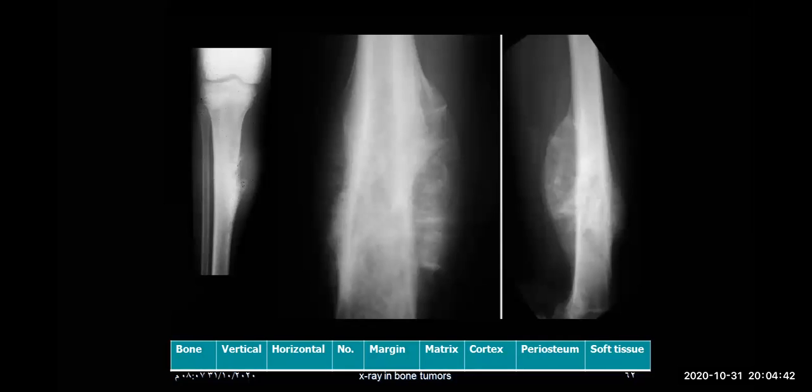Now to sum up, we should read the X-ray. First, the bone, whether tibia or femur, along the longitudinal axis: is it diaphyseal, metaphyseal, or epiphyseal? Then horizontally, is it central, eccentric, cortical, or extra osseous?